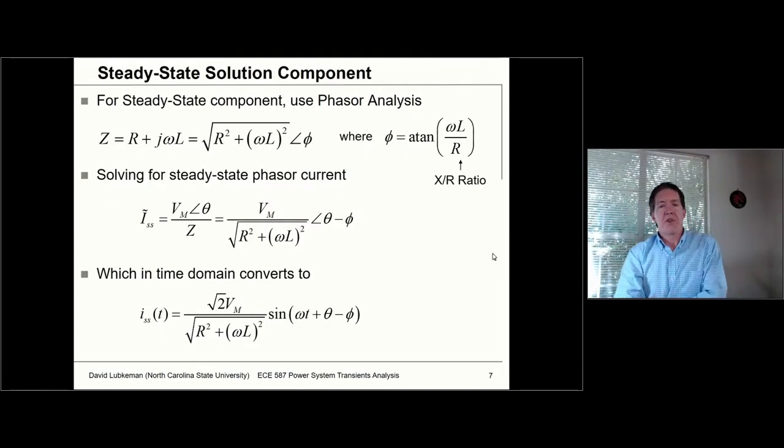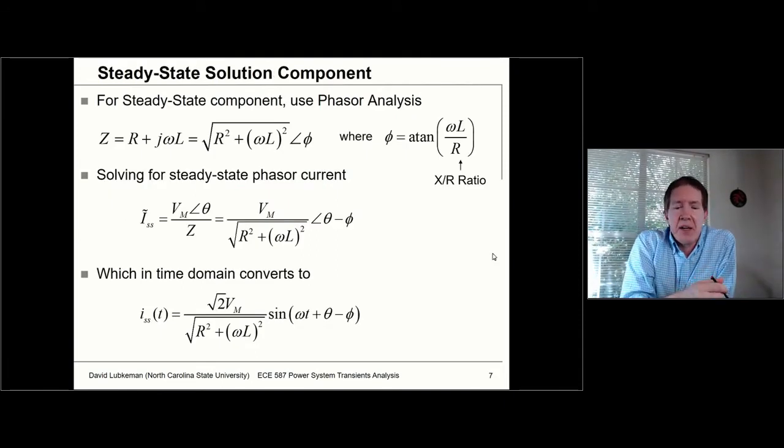So for doing phasor analysis, how would I get this particular current? I'm just going to have a simple loop equation, but for a phasor-based circuit. To get this steady state phasor, denoted by this tilde, I'm going to take the RMS voltage magnitude at angle theta and divide through by the impedance.